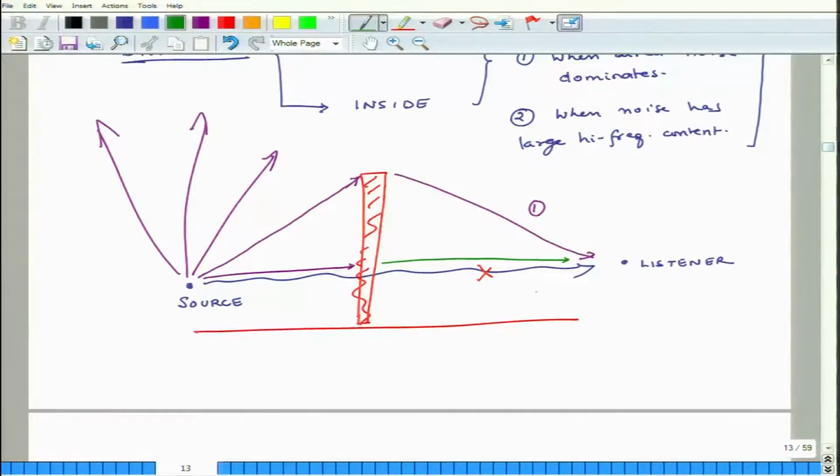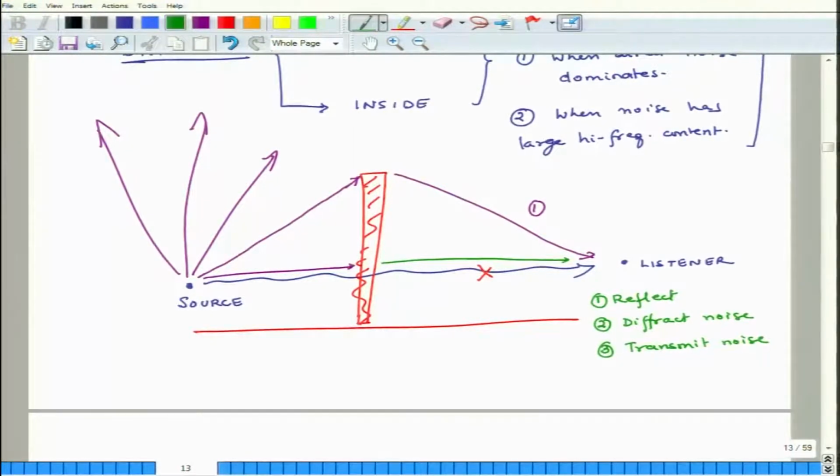So, what do barriers do typically to sound? They reflect the noise, they diffract the noise, they transmit noise, and they do not transmit all of the noise.